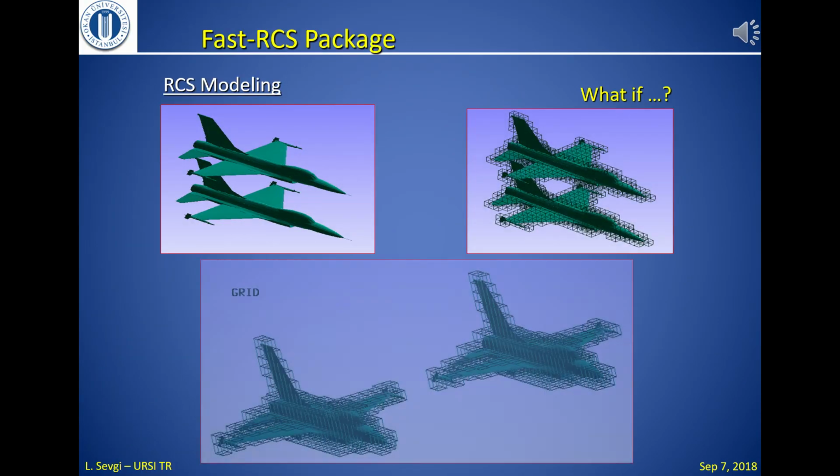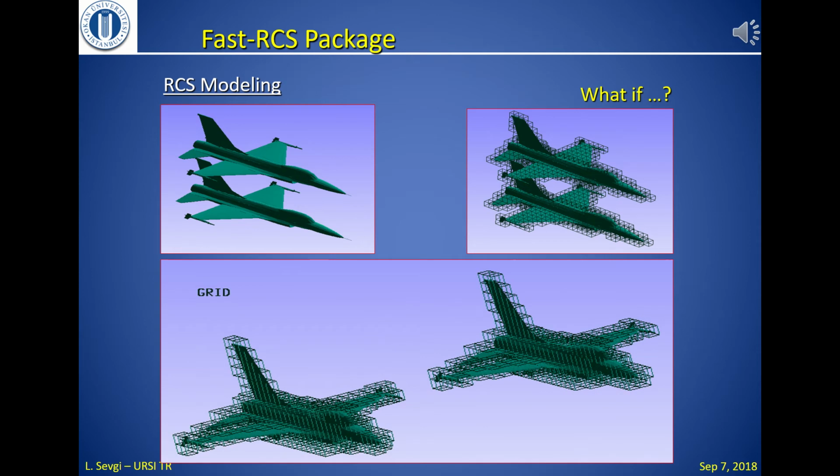As we said before, once you calibrated your package, you can easily play what-if type games. For example, what if two air targets fly side by side or one on top of the other? How does the total RCS change?